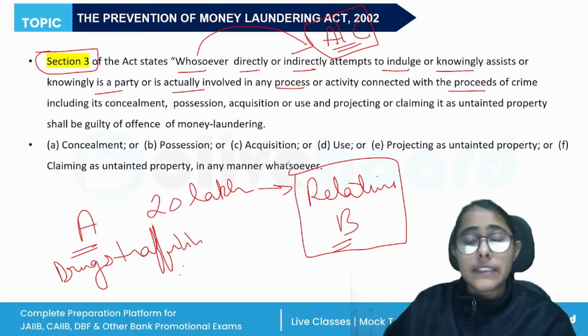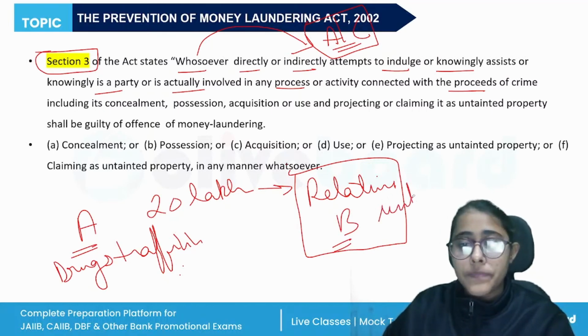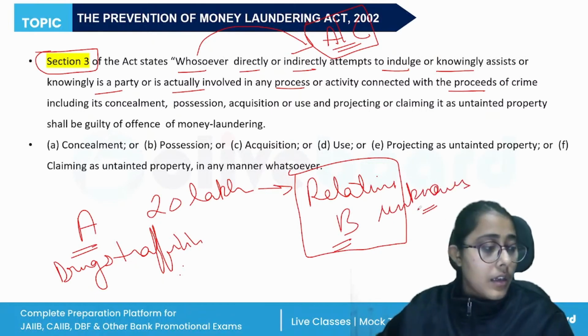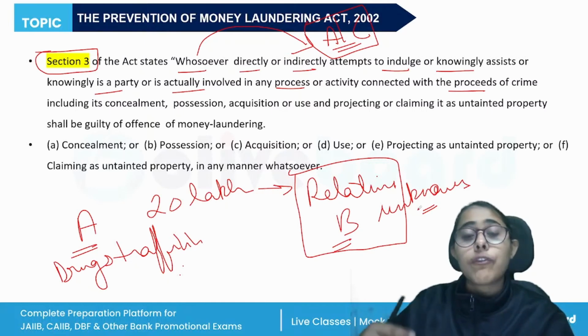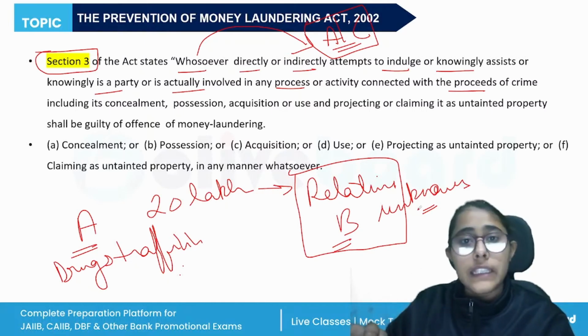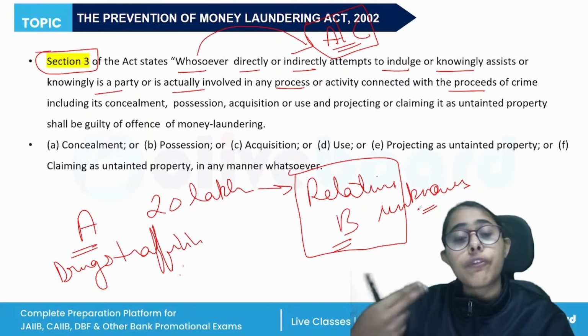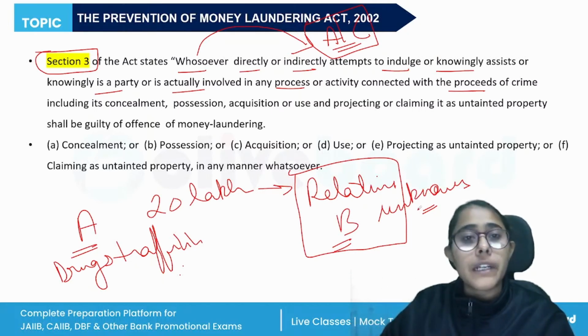But if in case they are unaware of it, they do not know that this money that is being sent to their account is generated by money laundering, then they have to inform the authority. Only then they will be saved from the provisions of the act. So they need to inform first. This is also given in a separate provision.